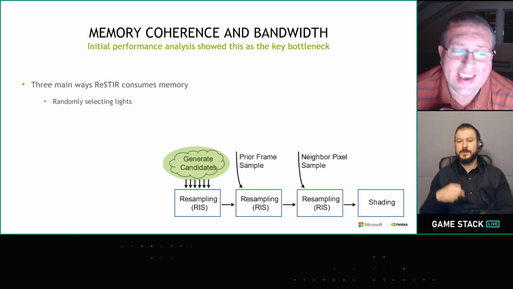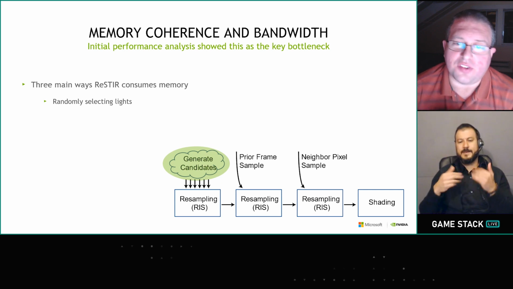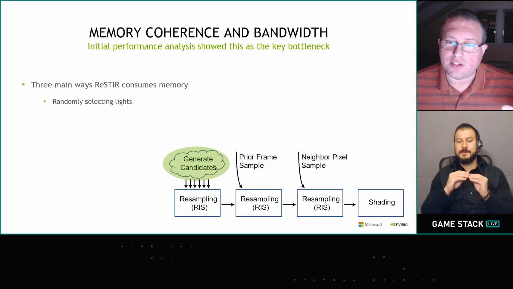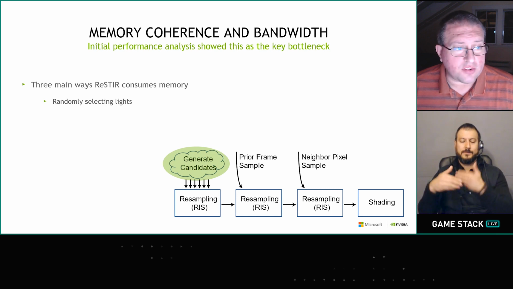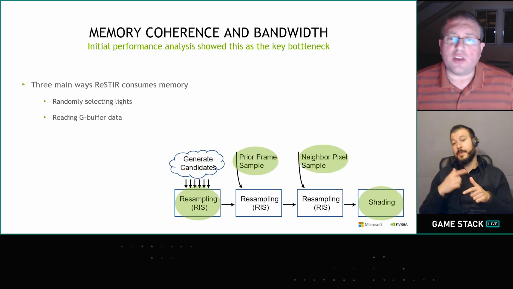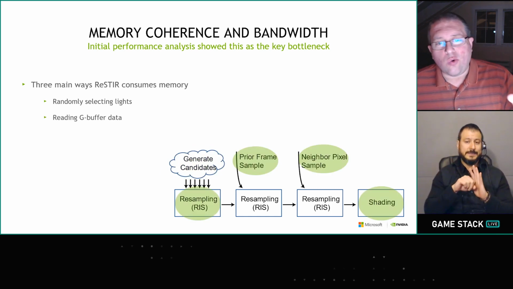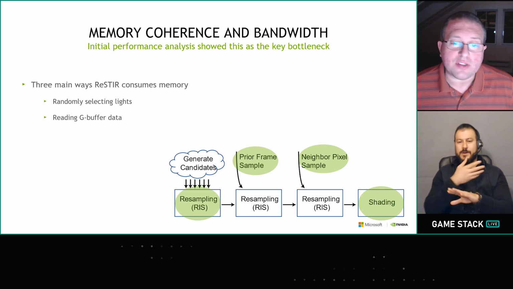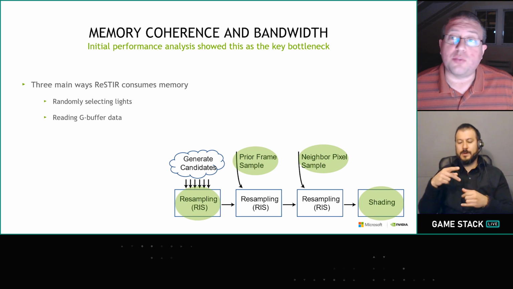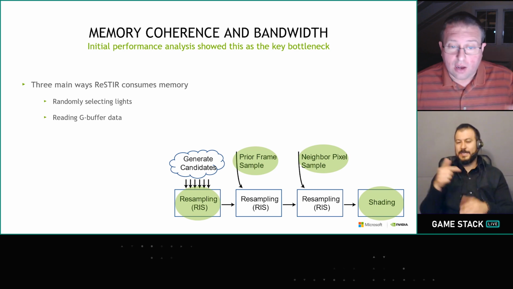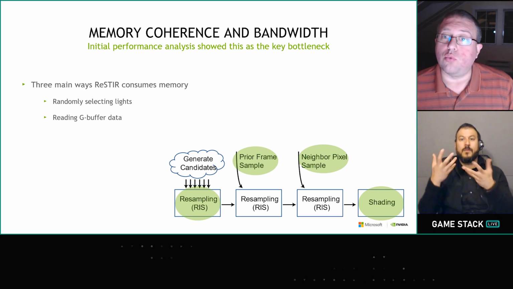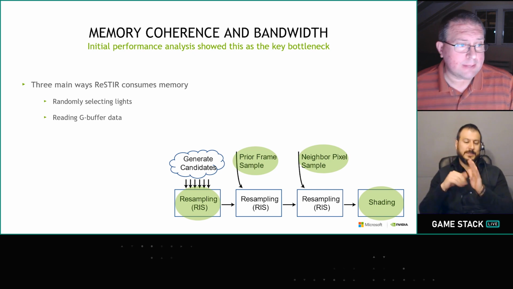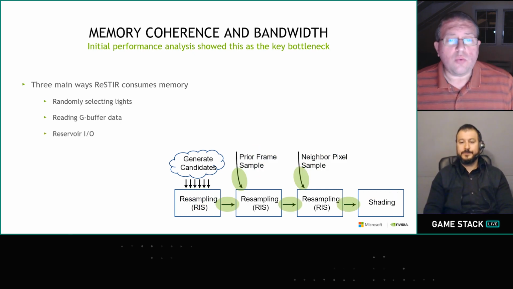First of all, you have this candidate phase where each pixel selects some number of light samples to inject into this process. Then, because we're doing resampling, we need to recompute samples from prior frames or from adjacent pixels at the current pixel, and that means we need to read gbuffer data multiple times as we're resampling these lights. And then we have reservoirs.